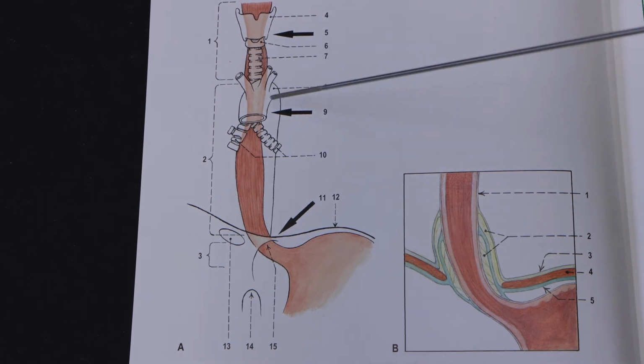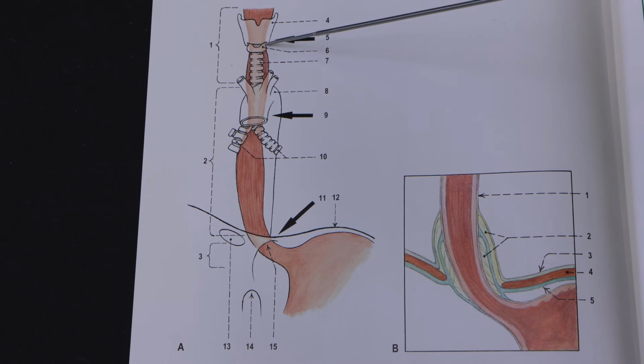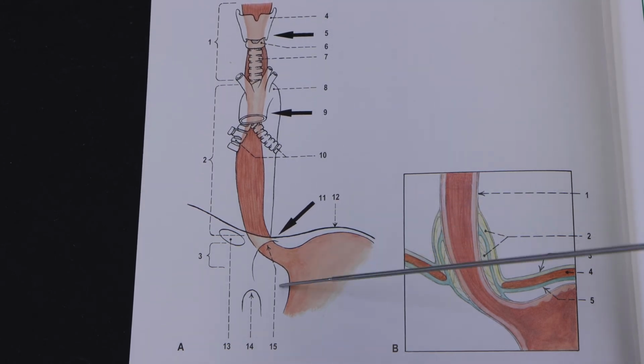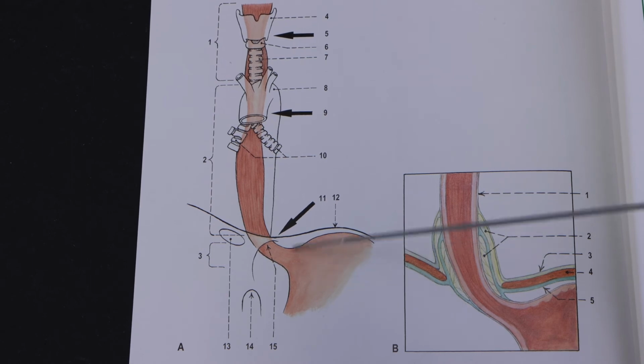So it means that the origin, the beginning of the esophagus, is at the level of C6, the cricoid cartilage, and the end of the esophagus is at the level of T11, at the level of the cardiac ostium.